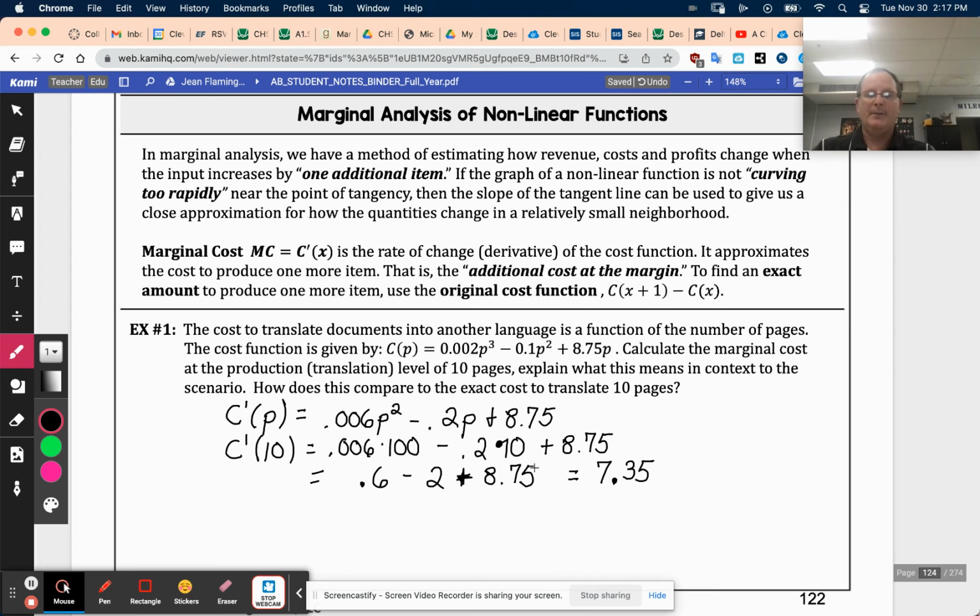Now, to find the exact amount to produce one more item, we're going to go to 11. So it's going to be C of 11 minus C of 10.